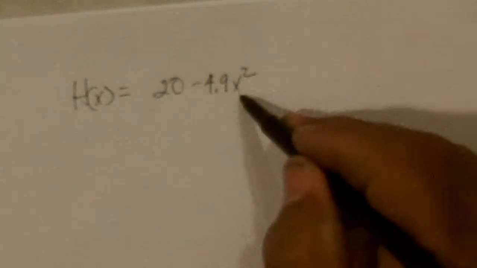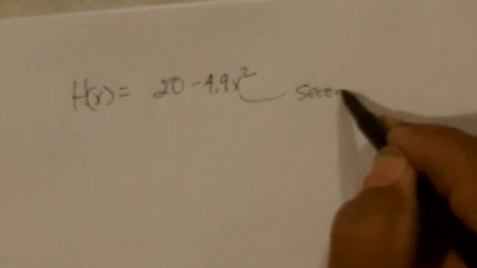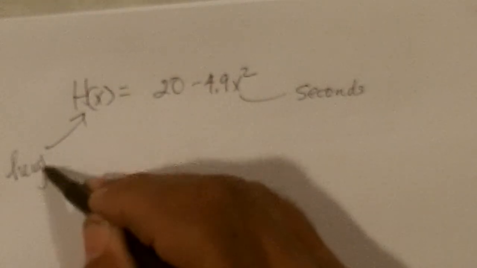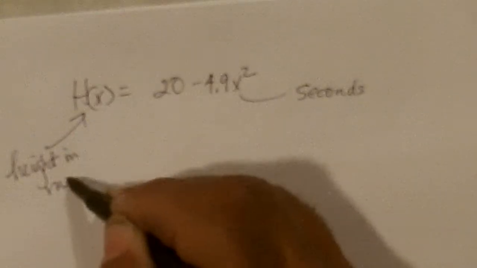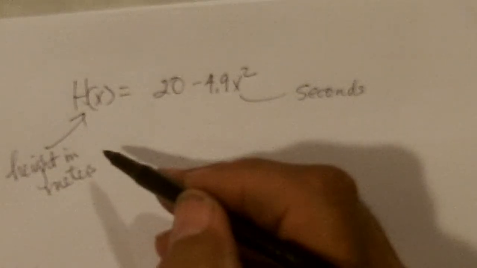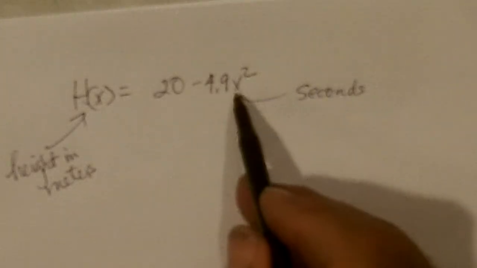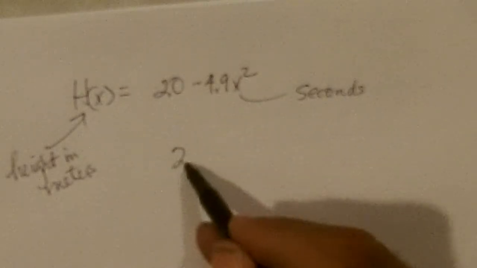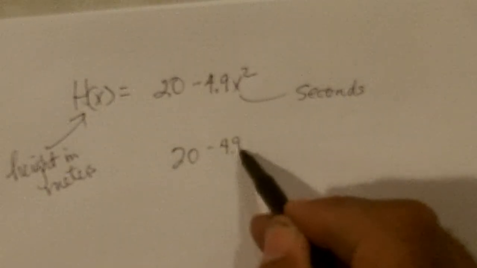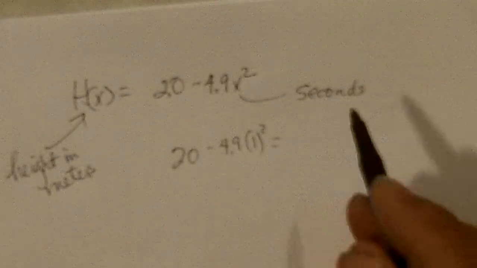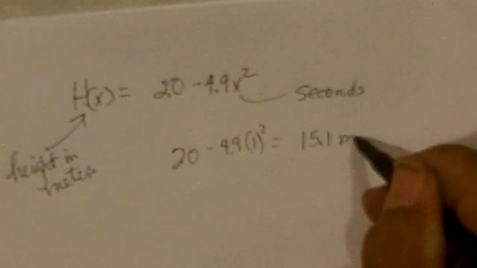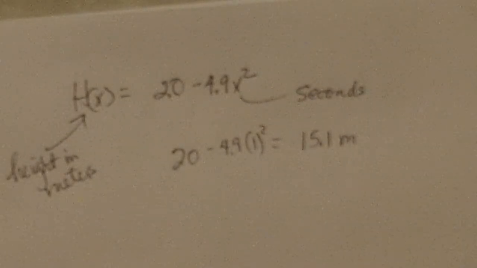And x is the seconds, and h is the height in meters. And a, what's the height after 1 second? 20 minus 4.9 times 1 squared is 15.1 meters at 1 second.